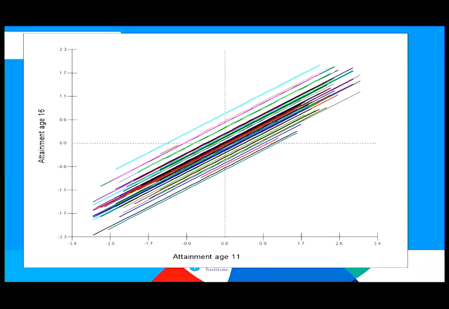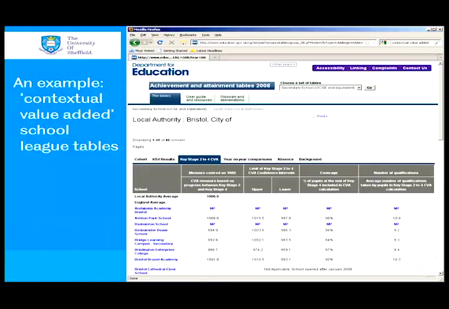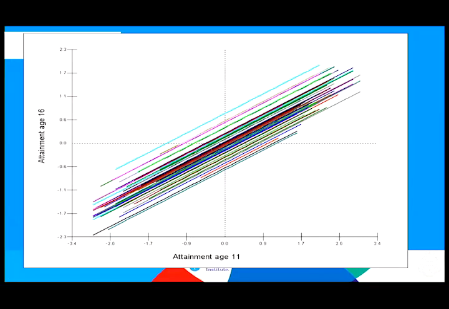Okay? So really what we're saying here is, firstly, if you do well at age 11, you probably do well later on. But also there are some differences between schools, where this blue school perhaps is particularly good, this grey school is particularly less good. So that's basically what school league tables are, right? They're a ranking of these schools.